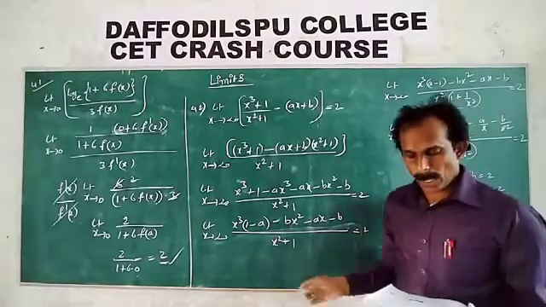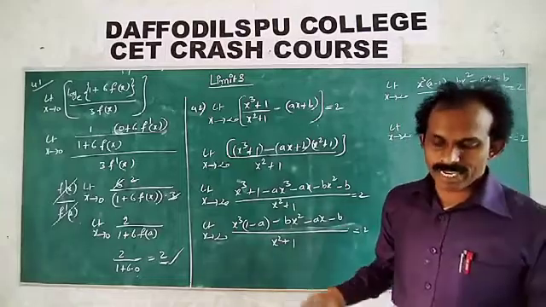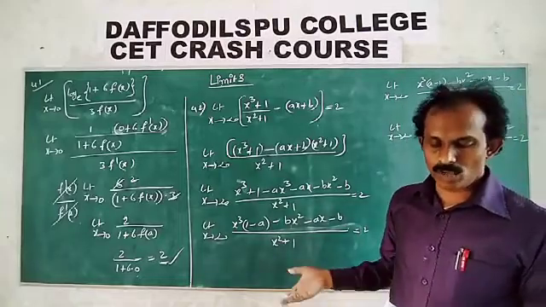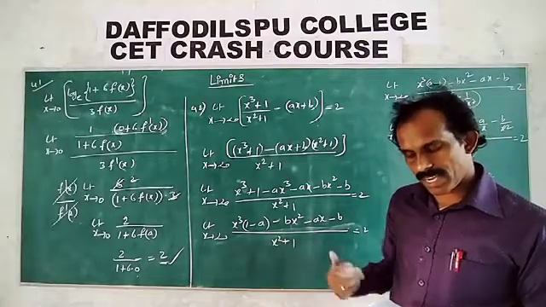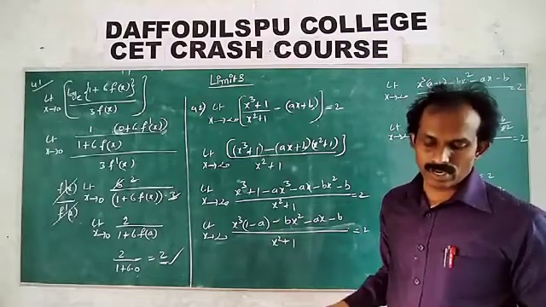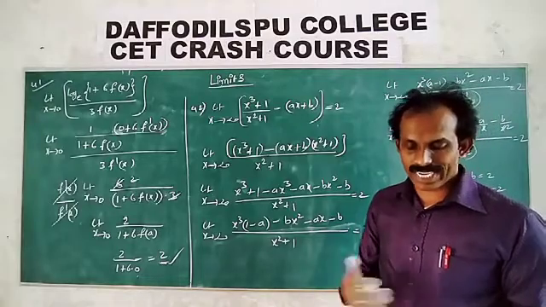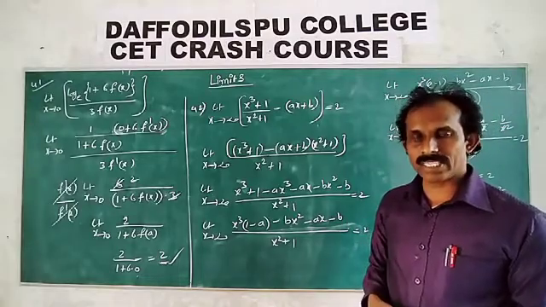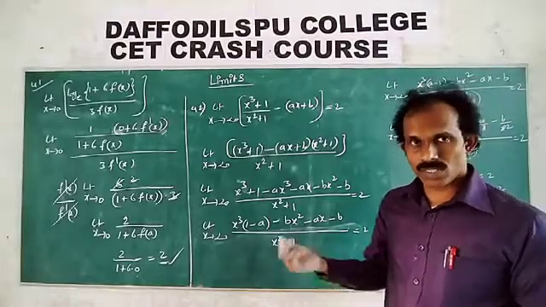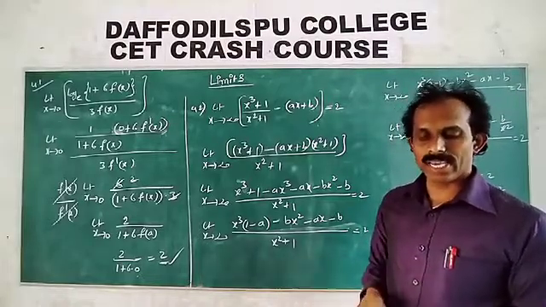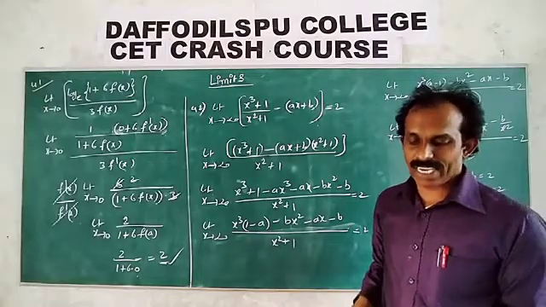43, we will try. First of all, find the limit of f of x as x tends to infinity. That is infinity by infinity. Take x common; as x tends to infinity, the numerator has x and the denominator also has first degree x. Take it common, cancel, and we get a is equal to 1.